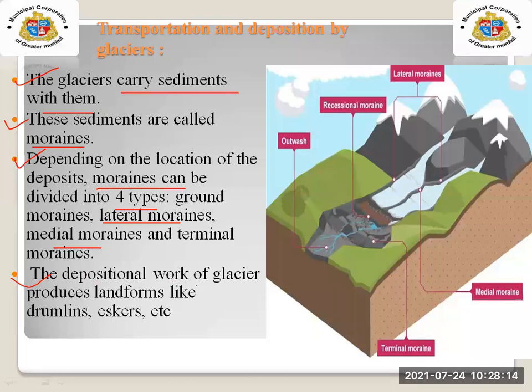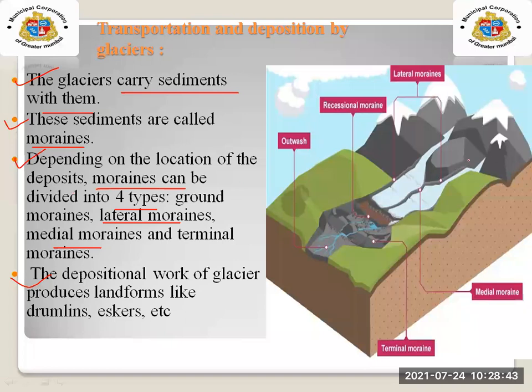The depositional work of glaciers produces landforms like drumlins and eskers, etc. Now, see, for sediments in glaciers they have given another word, that is moraines. The word moraines is used only in the glacier process. How? We are going to see.